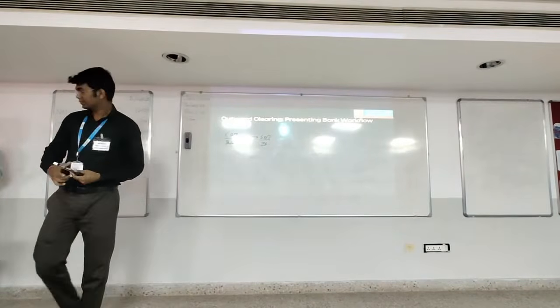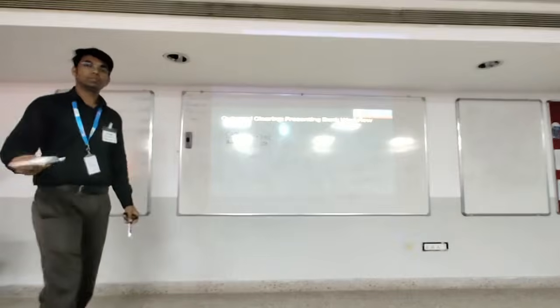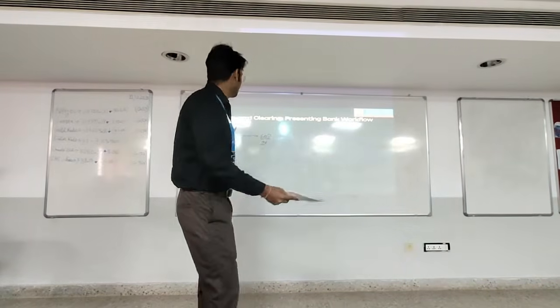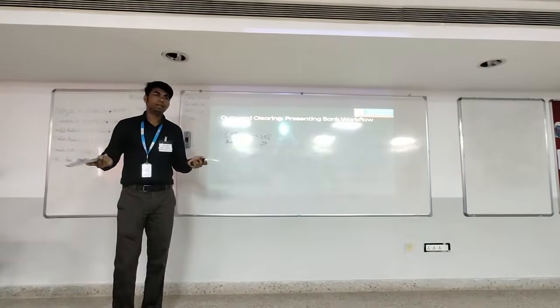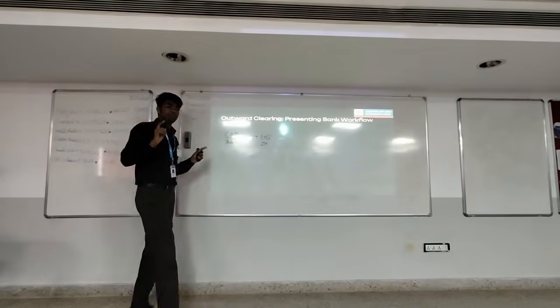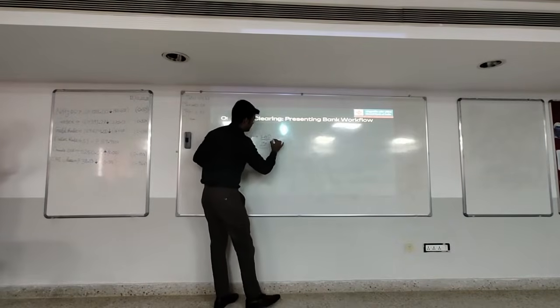Now Shubhanshu comes to me with a CBI check and gives me this check: Mr. Vikas, please take this check. I don't have an account in CBI, so I will go to SBI with the CBI check. Understand? Okay.